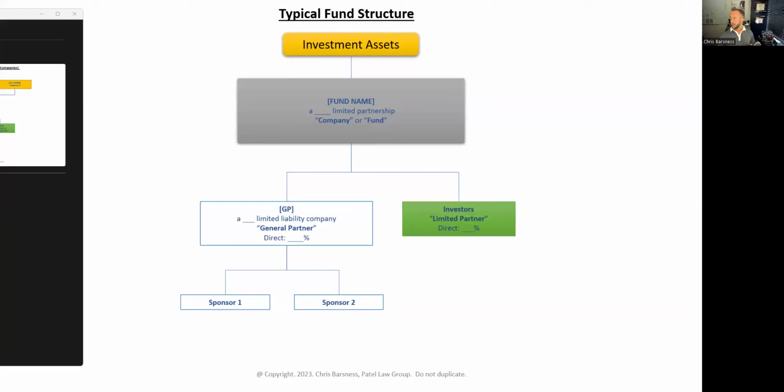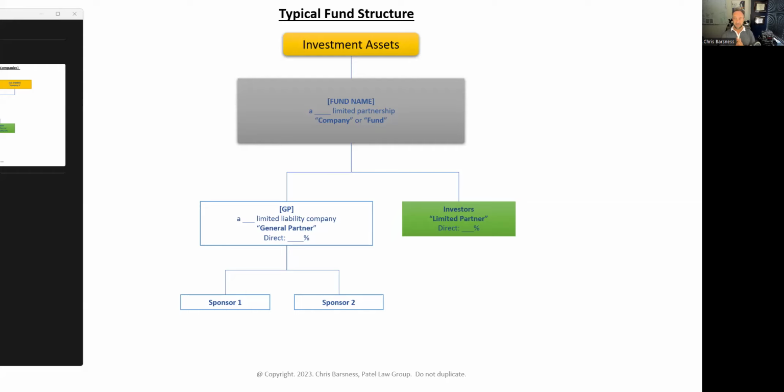All right, so here you can see this is a typical fund structure. Up on the top, in the yellow, you've got your investment asset, whether it's real estate or you're invested in a company, whatever the investment is, that's the asset up on top. Then the gray box is the actual fund itself.